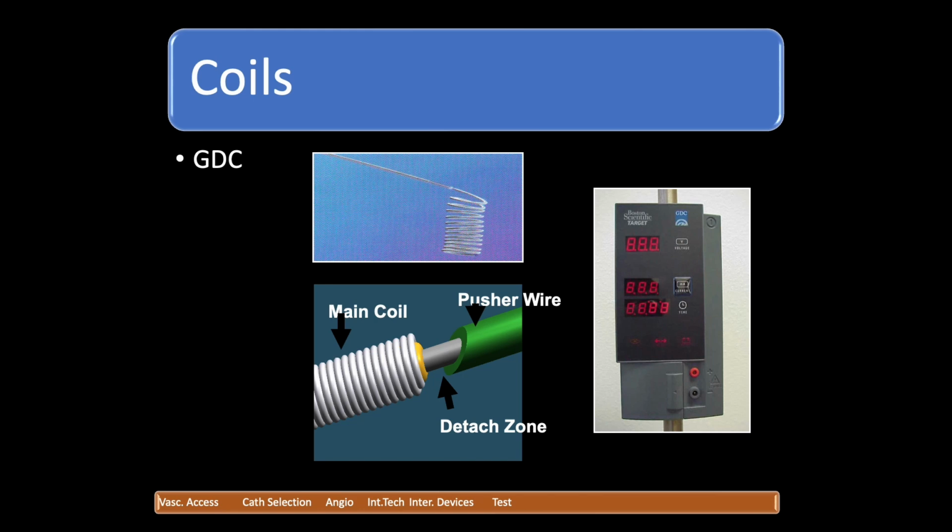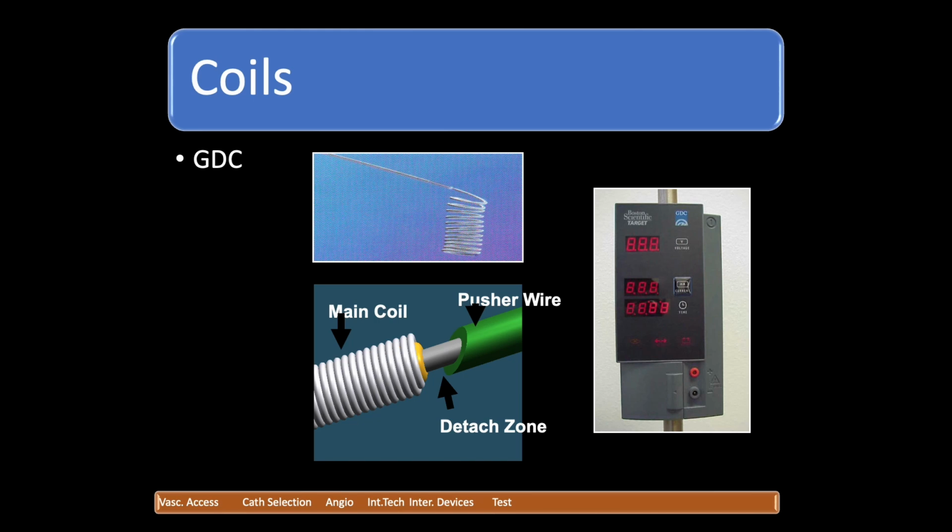The modern coil we use is called the GDC coil, electrolytically detachable coil. This is the platinum coil, which is soldered onto a delivery wire. If the coil is not suitable, if you are not happy, if it is not reforming, we can remove it.